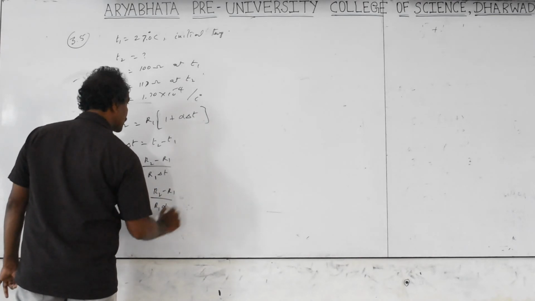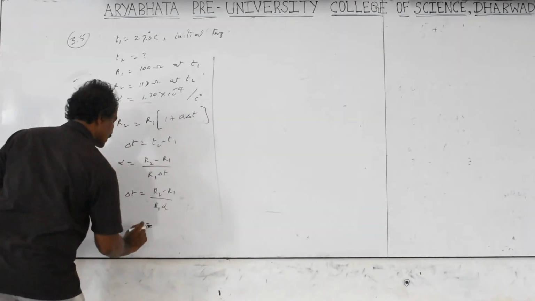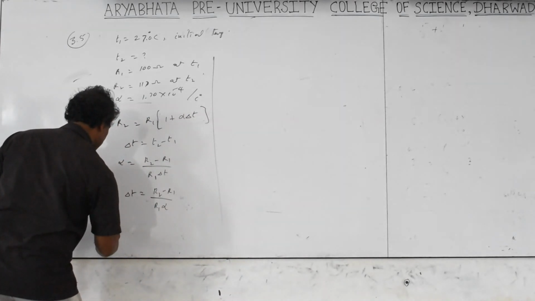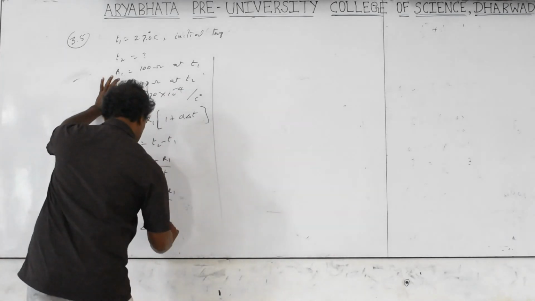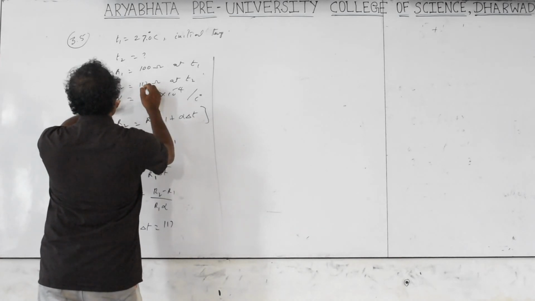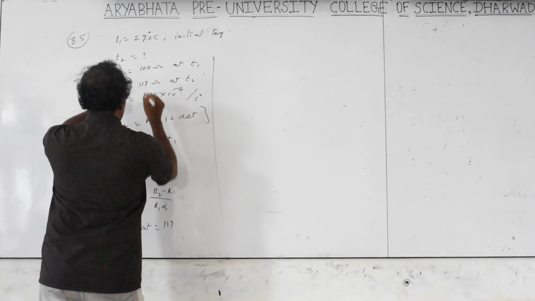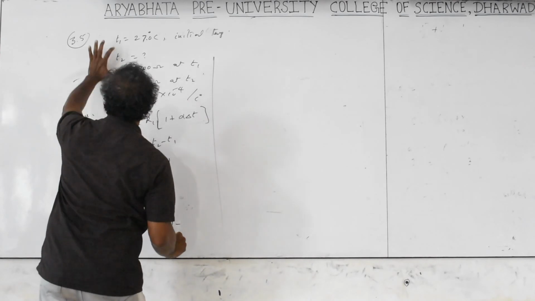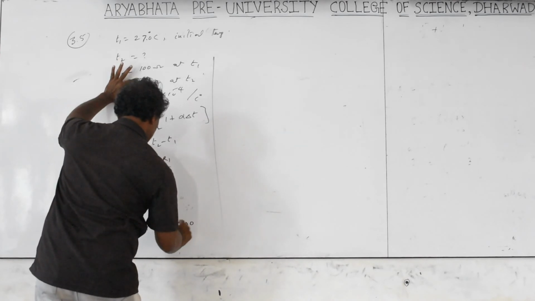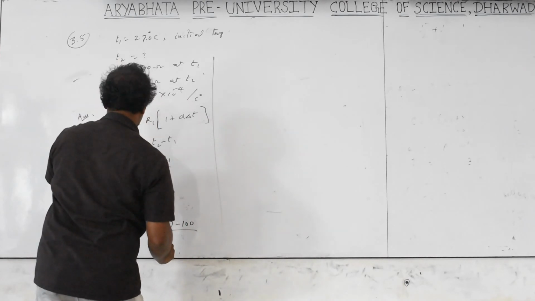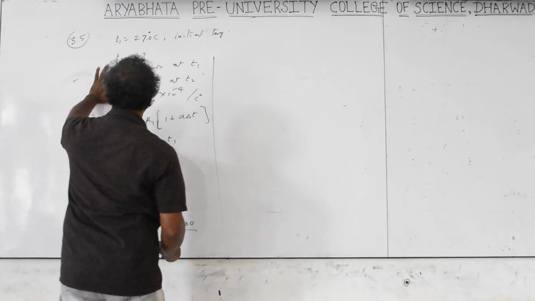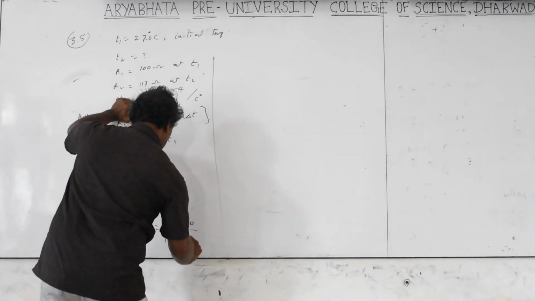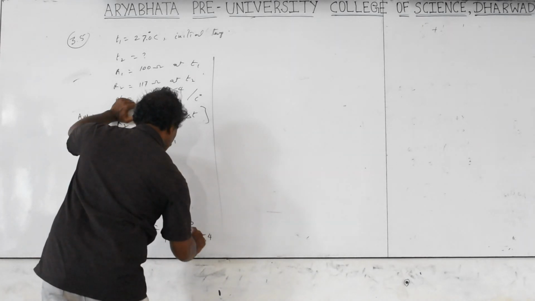Substituting the values, this becomes the temperature change. Delta T is equal to R2, which is 117, minus R1, which is 100, by R1, which is 100, into alpha, 1.70 into 10 to the power of minus 4.